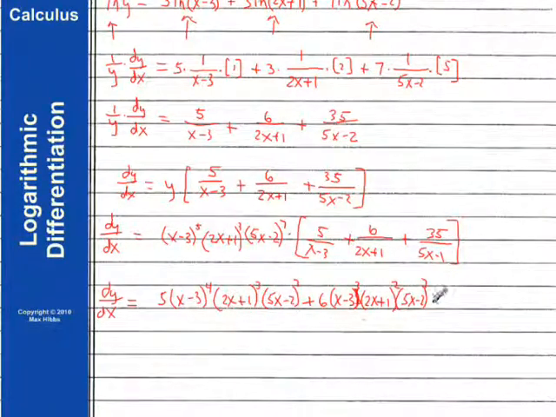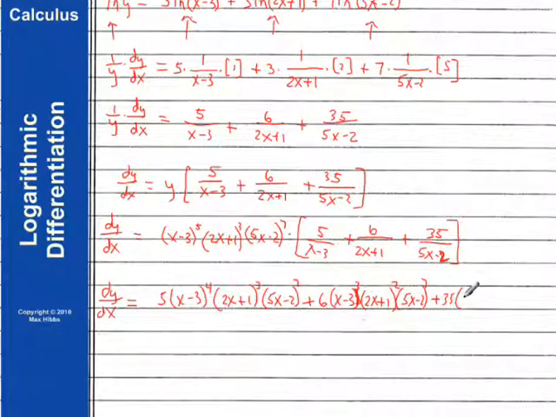Well, let's see if I can squeeze this last term in. Now we're multiplying all this with the last fraction, and so, where have I gone wrong? This is supposed to be a 5x minus 2. I bet you caught me and I didn't. So that's a 5x minus 2 there. So the 5x minus 2 to the 7th power is going to reduce with the 5x minus 2 to the 1st power, and we'll still have the 35.